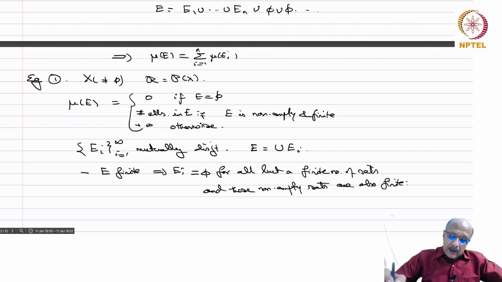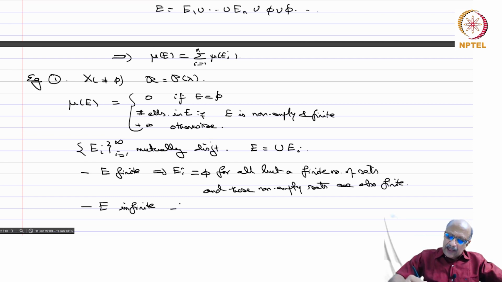In this case, the additivity is obvious because the empty sets will all contribute 0, and if you take the union of a finite number of finite sets, then the number of elements in the union is the sum of the number of elements in the individual sets, and that gives you precisely the additivity property.